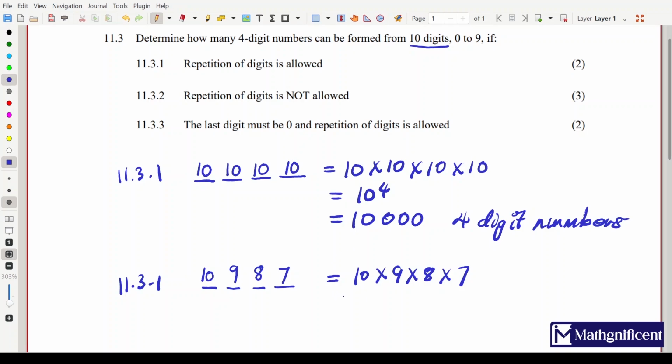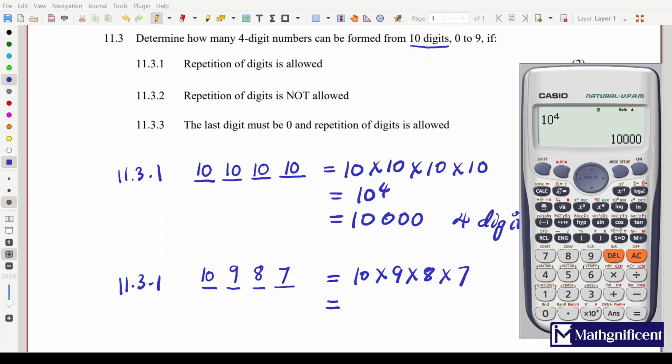So let's find out what this equals. This is 10 times 9 times 8 times 7, right? So what do we get as an answer?